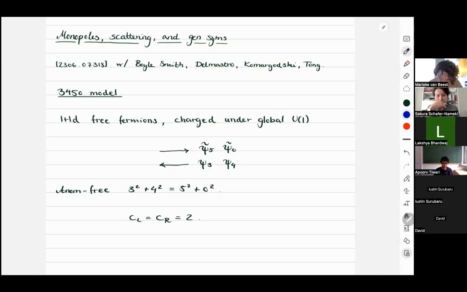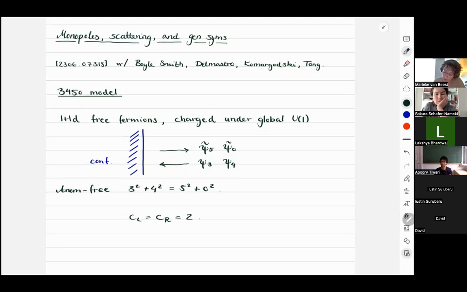Okay, so we want to put into this theory a boundary that creates a localized interaction between the left movers and the right movers. So this is conformal. Okay, so there's a puzzle in this very, very simple theory.